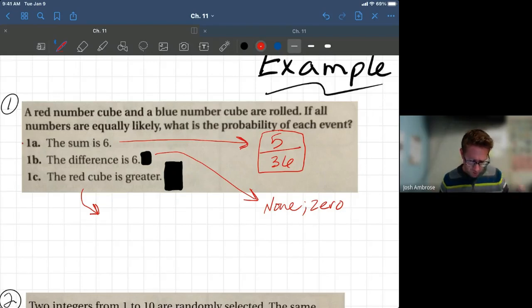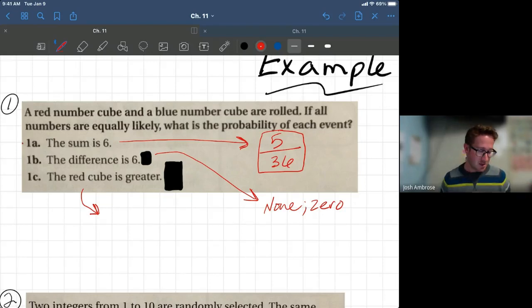Okay, the red cube is greater. All that means is when you roll the dice, the probability that the red cube is actually bigger than the blue cube. That's where this picture comes in so handy, in the textbook or Google image.